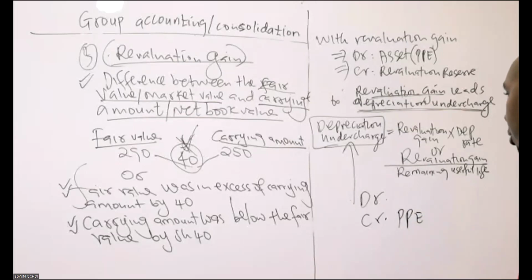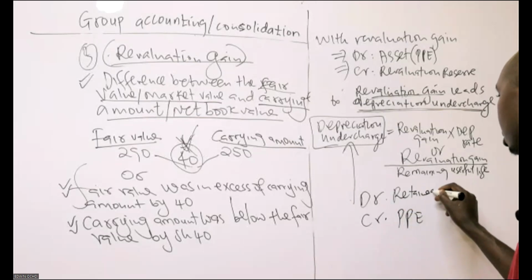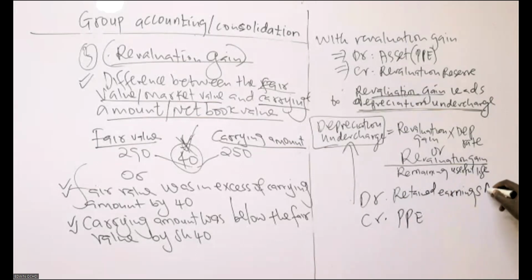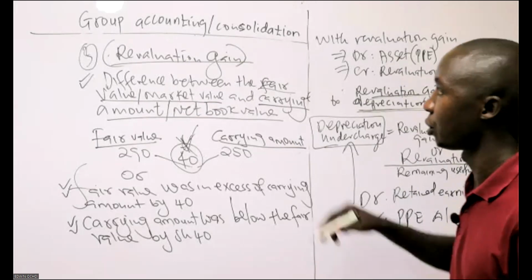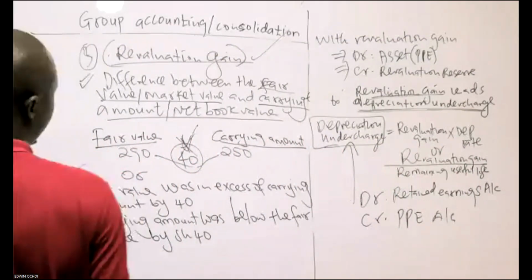So we credit PP, we debit the retained earnings account. So that is it for revaluation gain.